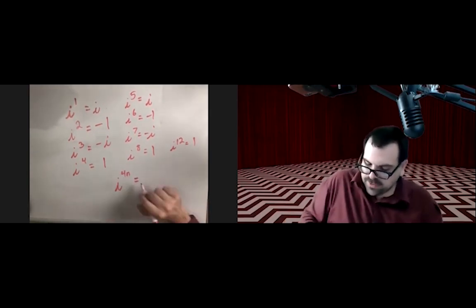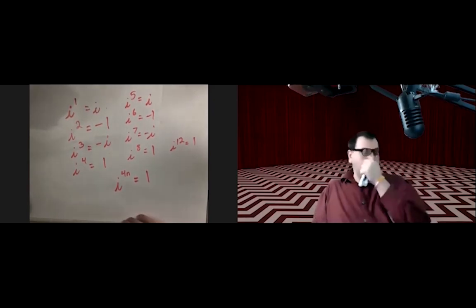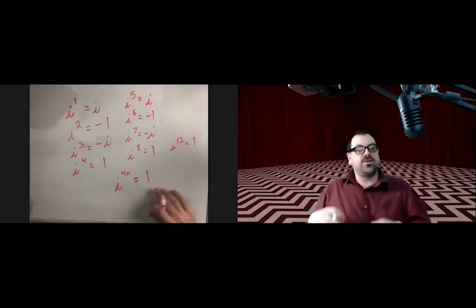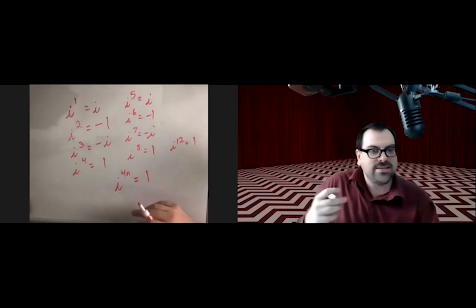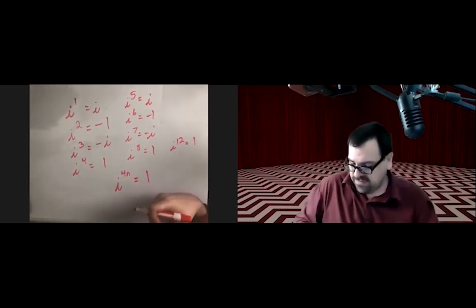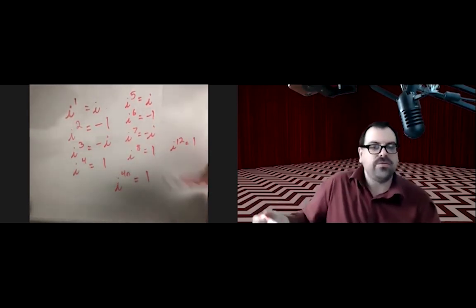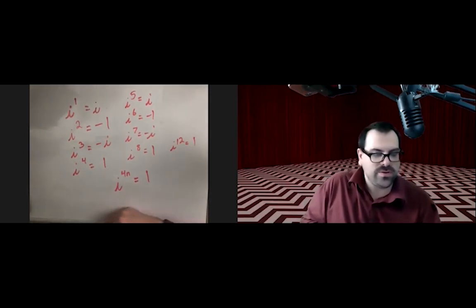I to any multiple of 4 power is equal to +1. And we're going to use that as a shortcut to find I to any positive power, I to any negative power, without having to count out the cycle forwards or backwards.